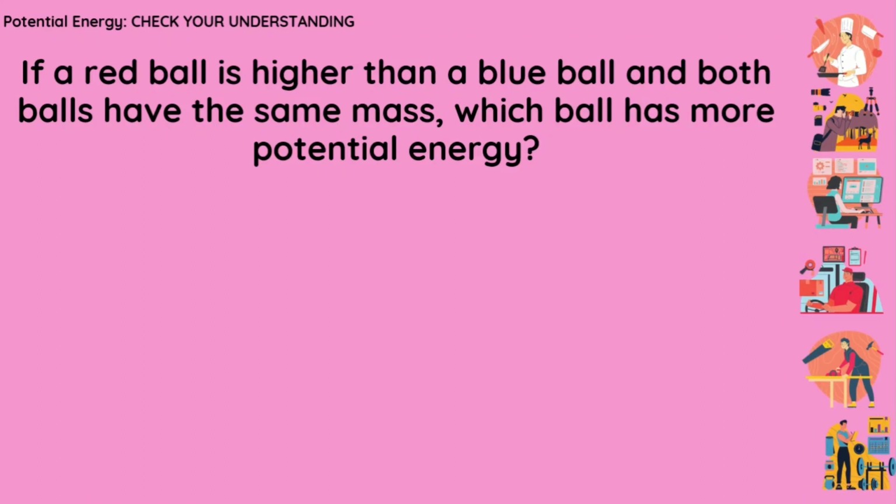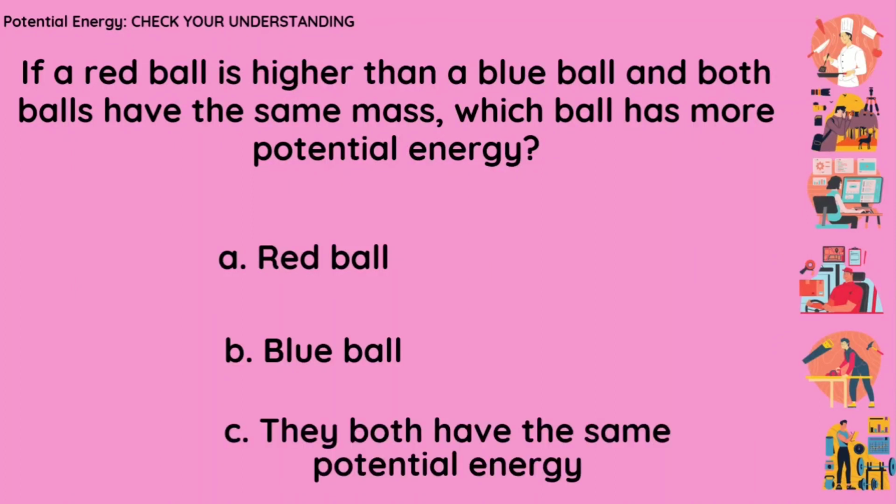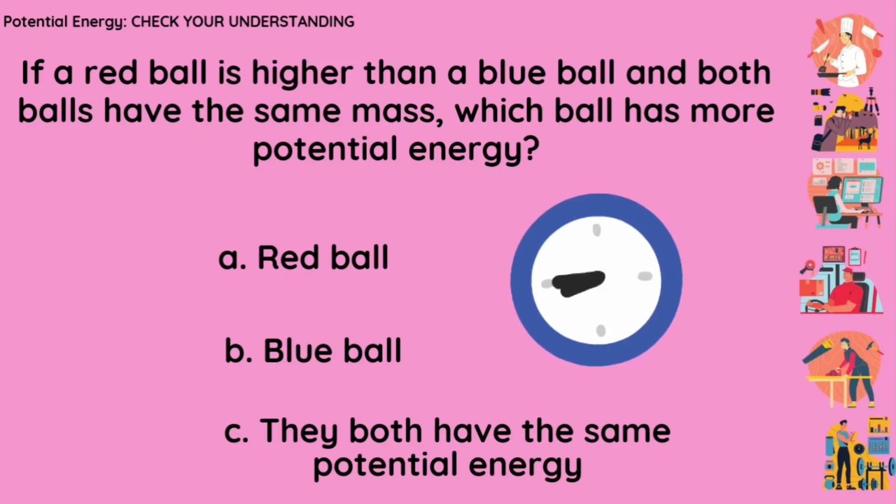If a red ball is higher than a blue ball and both balls have the same mass, which ball has more potential energy? A, red ball. B, blue ball. C, they both have the same potential energy. Analyze the question. Dali-dali lang yan.